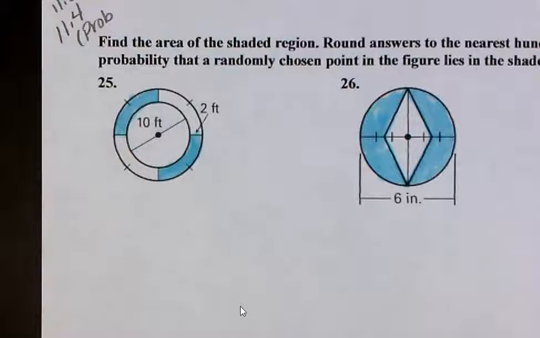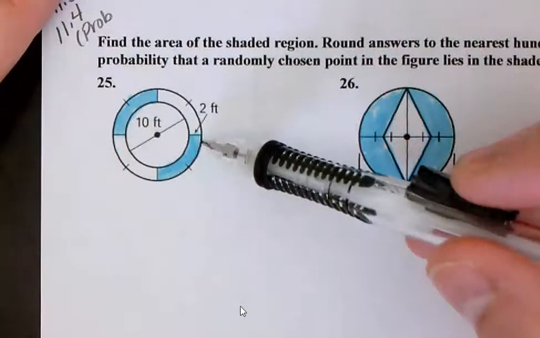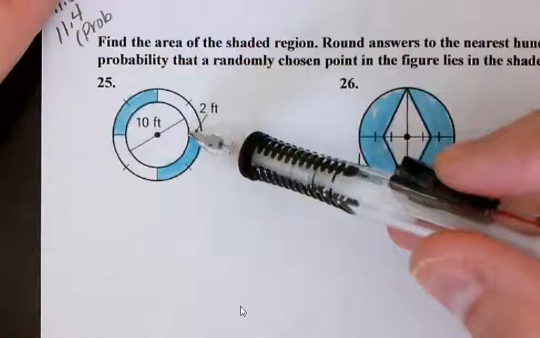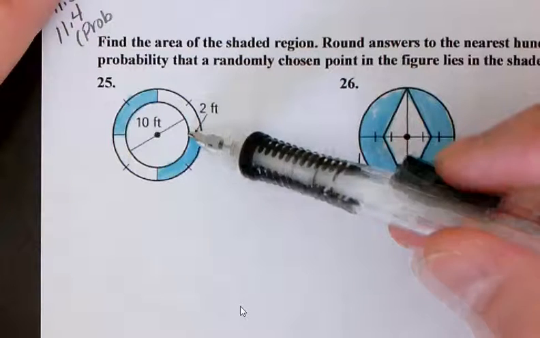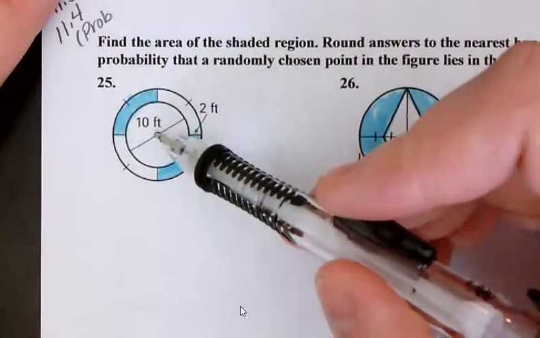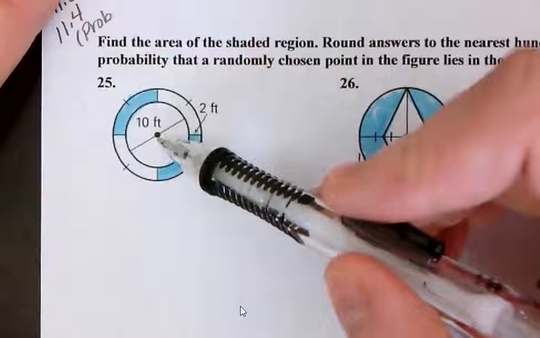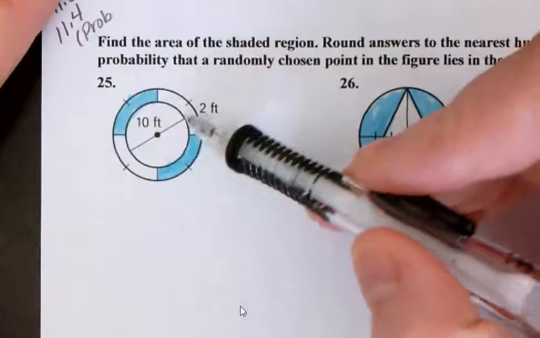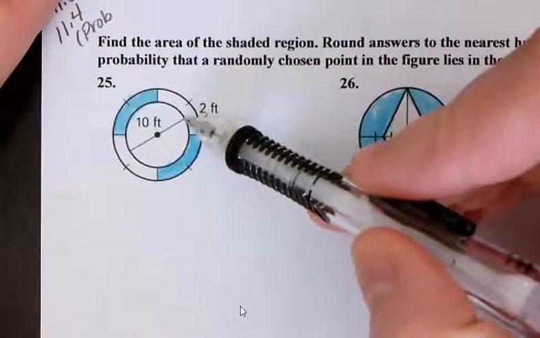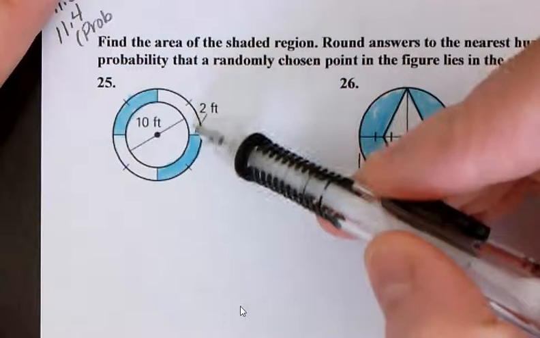Essentially, find the total area, subtract some stuff, find the shaded region, and then find the probability of hitting the shaded region. So to start, I have a large circle and then a smaller circle that is cut out. With this larger circle, from the center to here is 5 because half of this diameter is 5, and then this extra length from the ring on the inside to the ring on the outside is 2 feet.